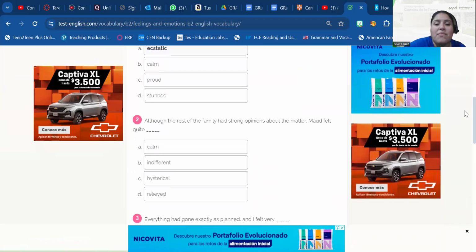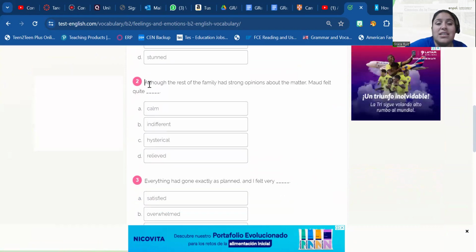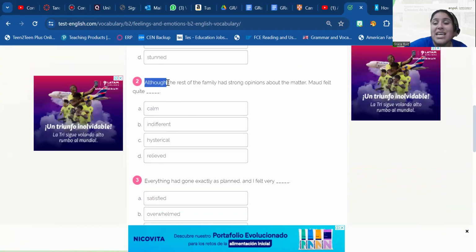Although the rest of the family had strong opinions about the matter, Maud felt quite. It will have to be the opposite, because the sentence starts with although. That means that it is contrasting ideas. So the rest of the family had strong opinions about the matter. Maud felt, what would be the opposite of being strong about something?